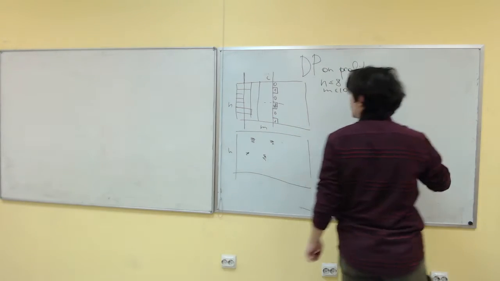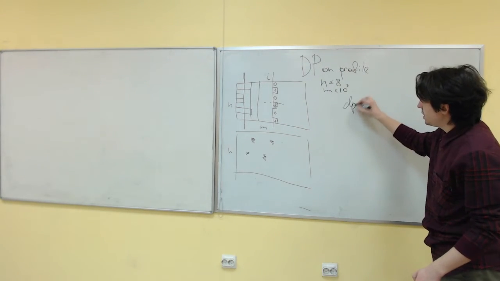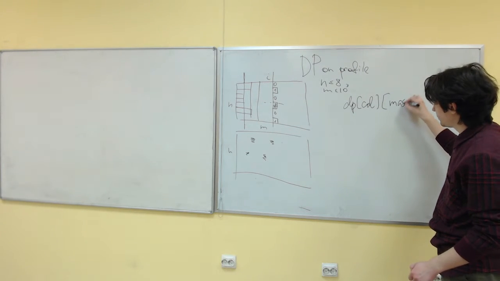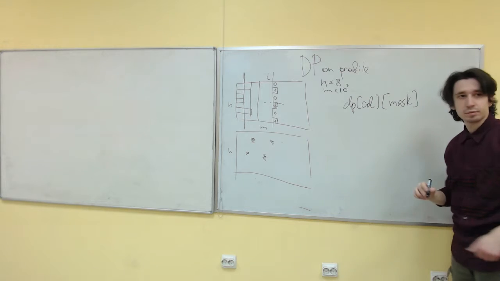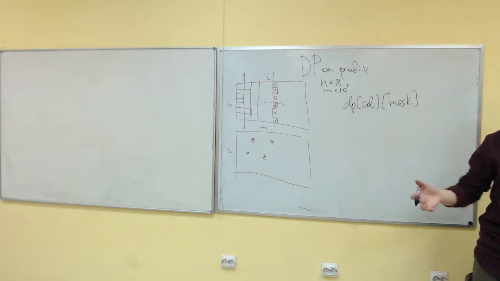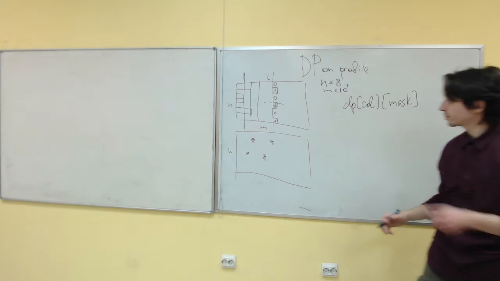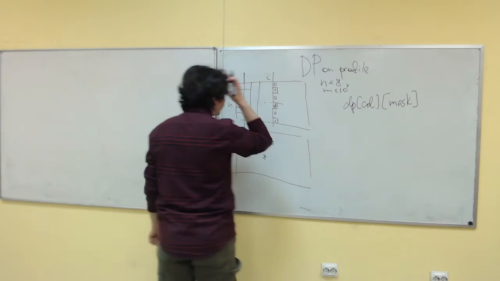So we have dp, column, and mask. Again, mask will correspond to whether we take the cell or not.